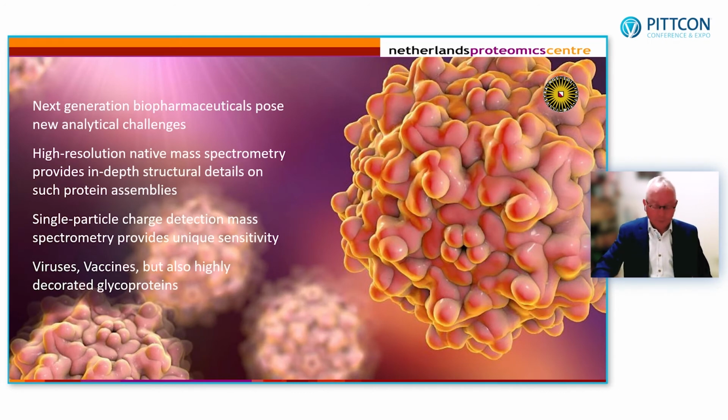And I think it's an important new toolbox for mass spectrometry because we are facing this ever-growing field of more complex biopharmaceuticals. And these next-generation biopharmaceuticals pose new analytical challenges where we think that high-resolution native mass spectrometry can provide the required details.